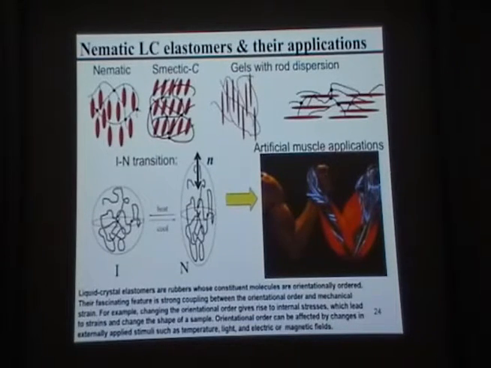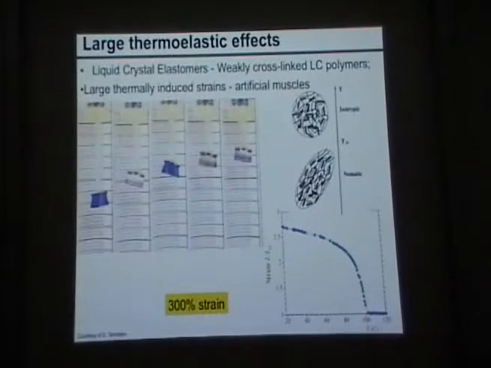And so as you go from the isotropic state of such a liquid crystal elastomer to a nematic state, you observe a spontaneous change of the shape, and you can also induce those changes optically and electrically, and this is why they are very interesting.